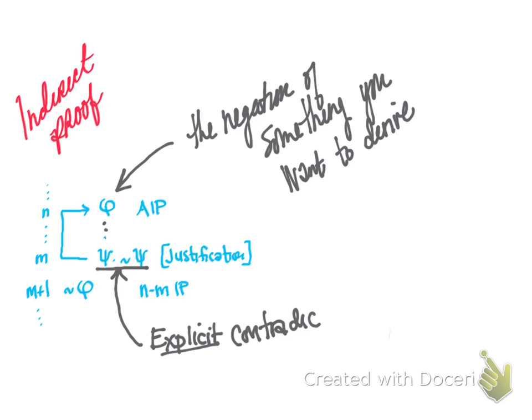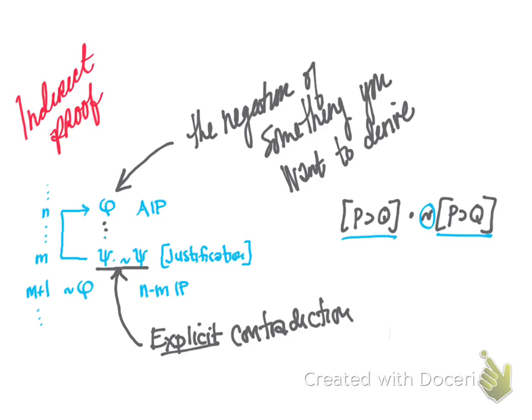What that means is you have to derive a thing and the negation of exactly that same thing. It doesn't have to be two atomic statements. Our Greek letters can stand for anything. So if you were to derive if P then Q and the negation of if P then Q, that's a good explicit contradiction, so long as you have a thing and you have the negation of exactly that same thing.